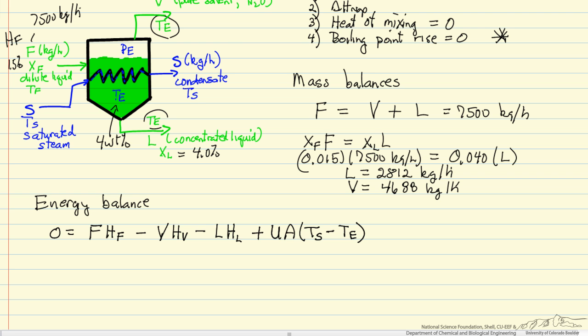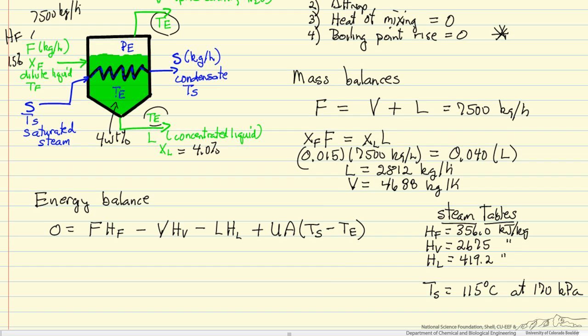We can use steam tables to look up values. So what I've listed is flow rate, steam coming in 85 degrees.